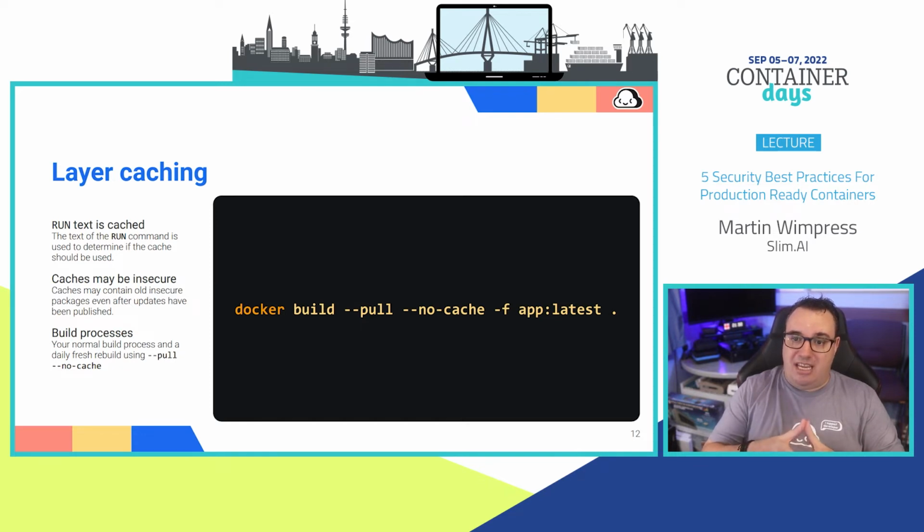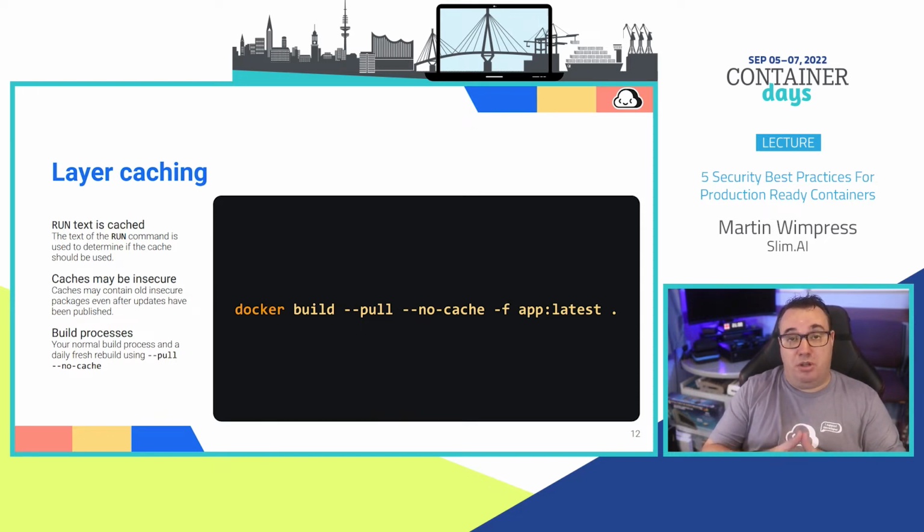When you're relying on caching, those apt-get install, update, upgrade RUN commands will add old, possibly insecure packages to your images, even after your distro vendor has released security updates.